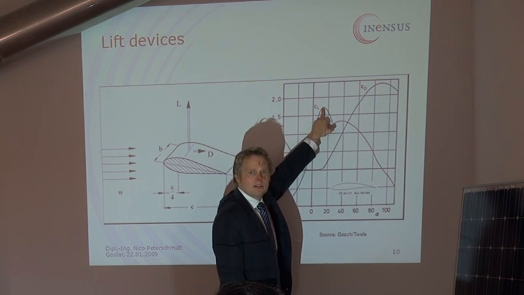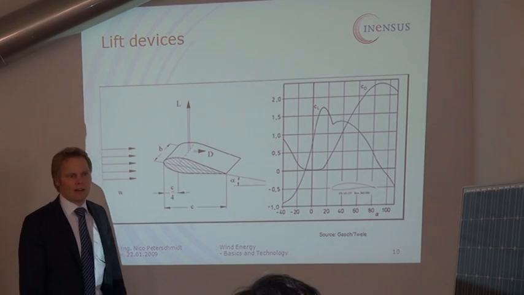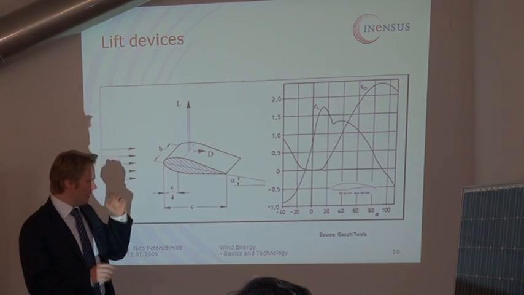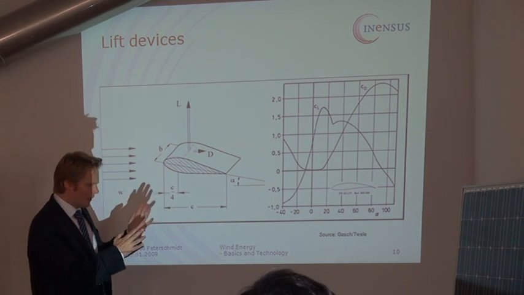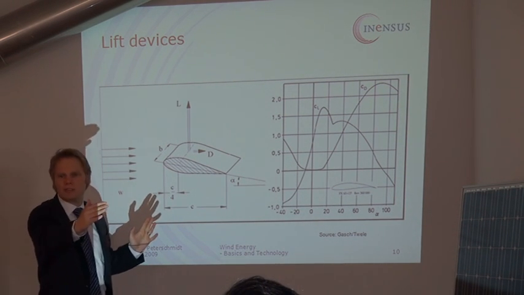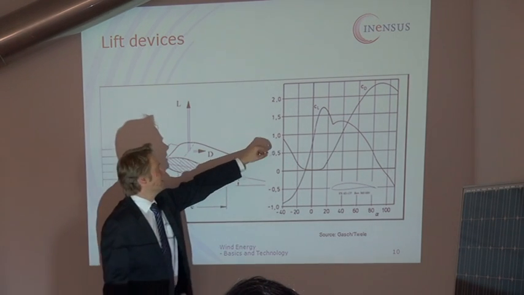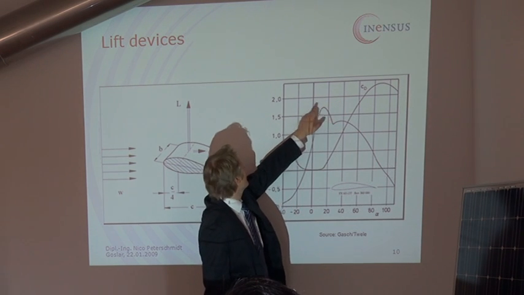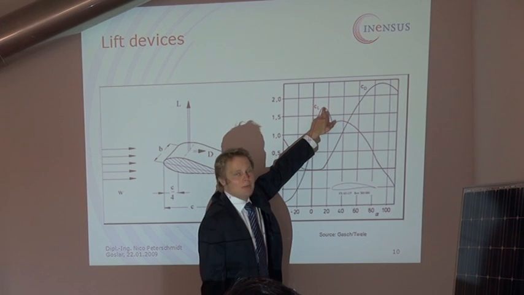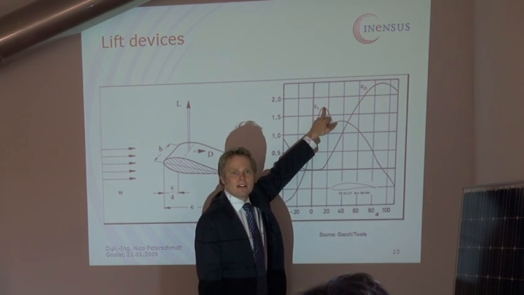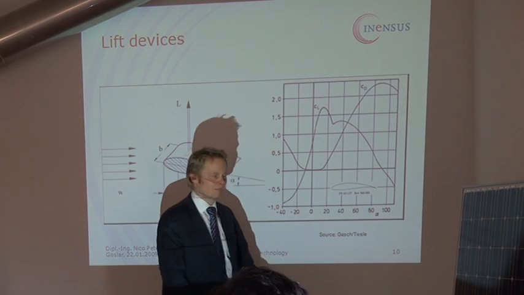That would be optimal for optimum power production, for example, in the range of some 3 to 10 meters per second of wind speed. If you go above 10 meters per second, this lift force, causing the torque on the shaft, might be too much for the generator to keep it at a certain stable mode.